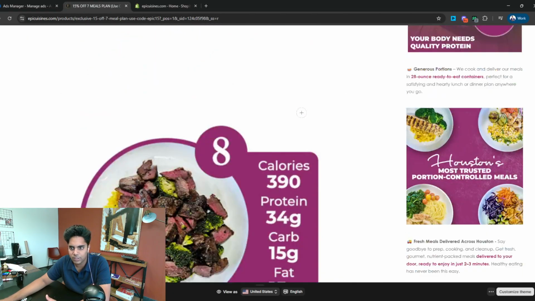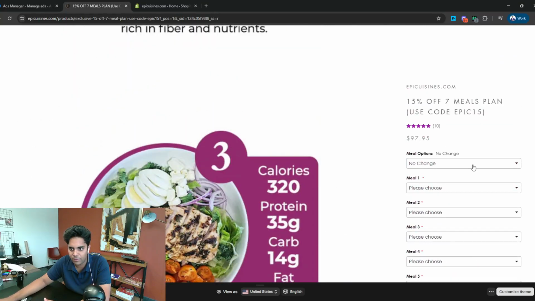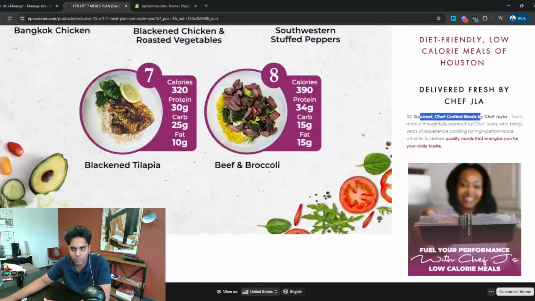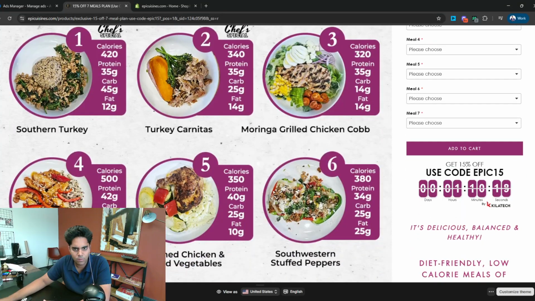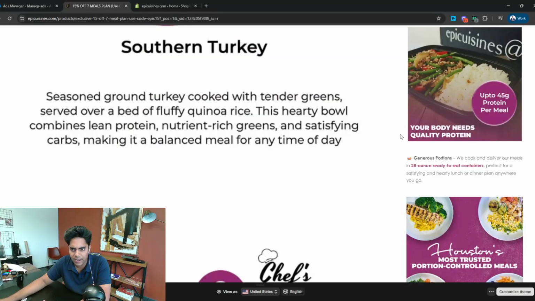So let's look at the landing page. Let's make sure that we have the right avatar. So we've got low calorie meals, 320, 340. Let's take the average.